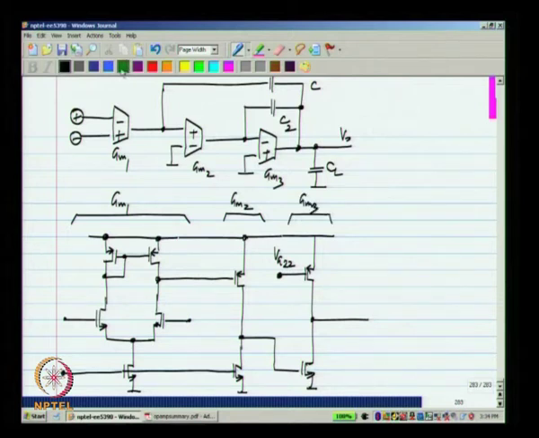Now, we have to connect the integrating capacitors, that will be C2 and this will be C1. Here I am not showing refinements like possibly connecting resistors in series with C and so on. So, this is the output. This is the negative input, that is the positive input of the op amp.